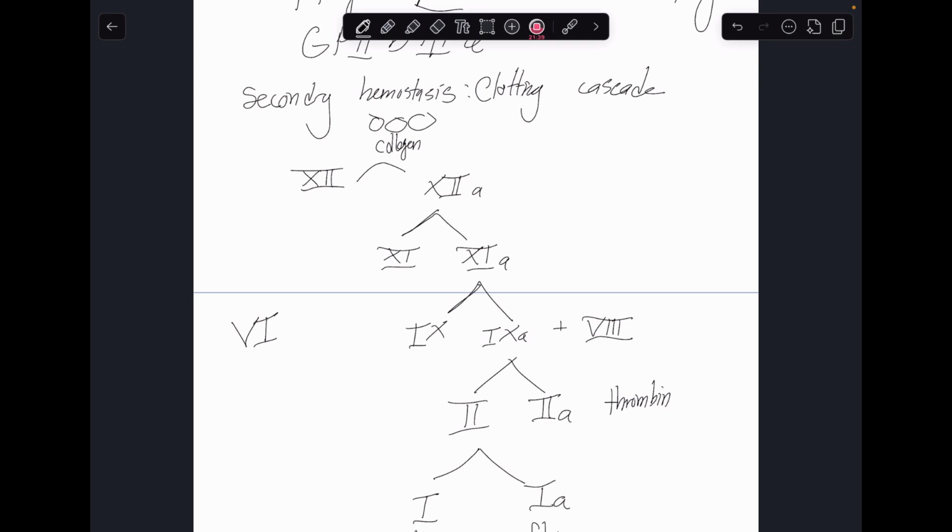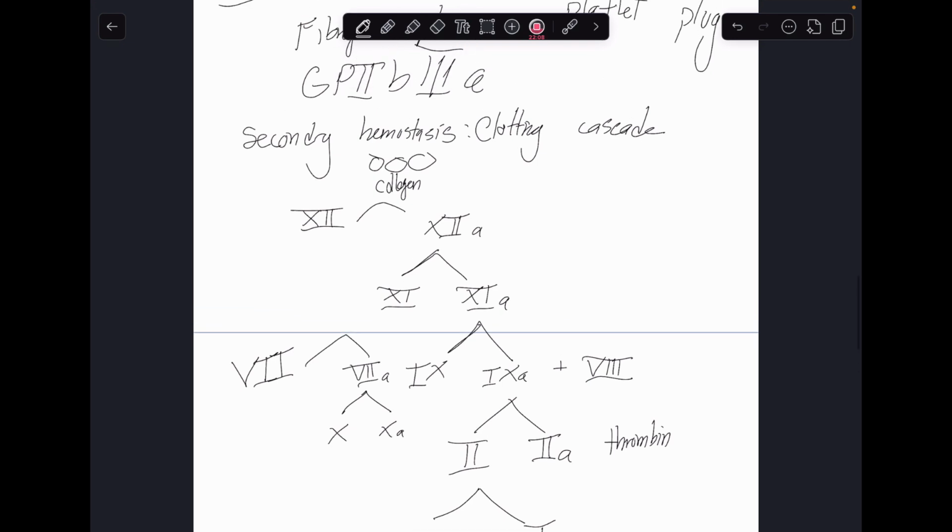Anyways, factor 7 becomes activated by factor 3. Factor 3 is just on these muscle cells outside the tissue. It'll become activated so that 7 will cleave into 7a, which can then go on and activate 10. Then 10a, we go down like we were before.